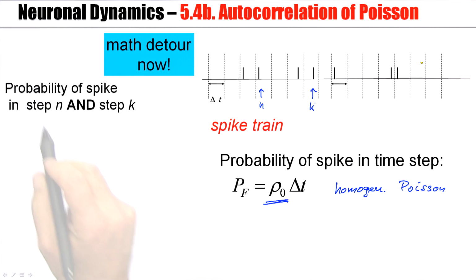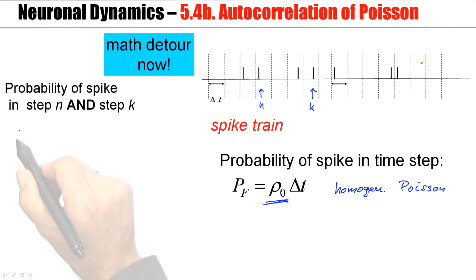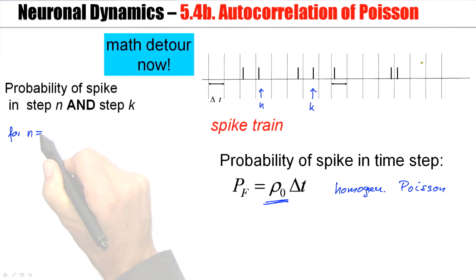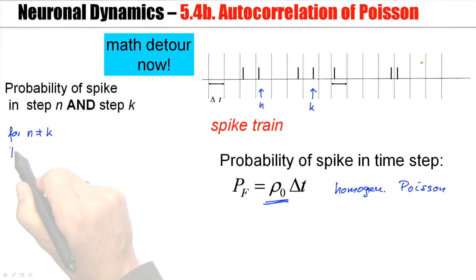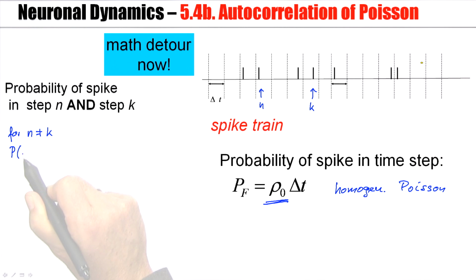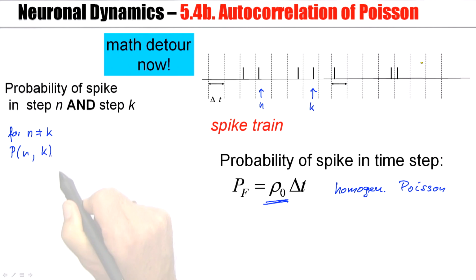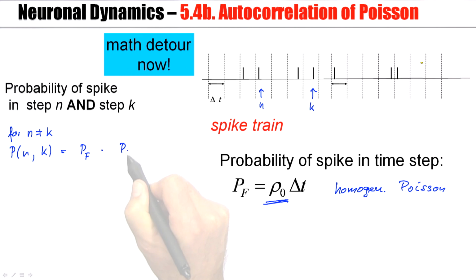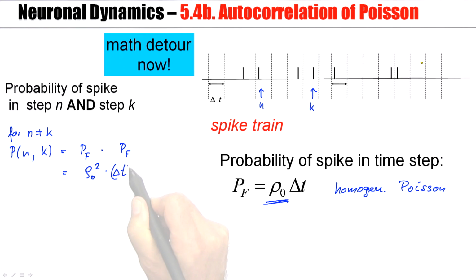So, the probability of having a spike in step n and in step k, now these are different time steps, n is not equal to k, then the joint probability of having a spike in step n and a spike in step k is just Pf times Pf, or rho 0 times delta t, another rho 0 times delta t.